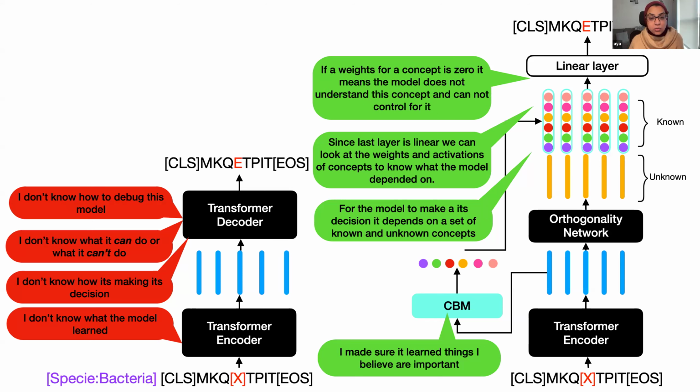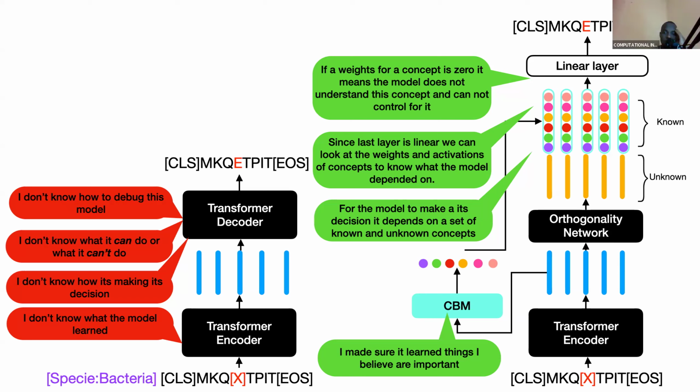We also know exactly how much the model depended on every concept by multiplying the weights with the activation of the concept to see how much the output depends on that concept. So this basically solved all the problems of the model on the left.